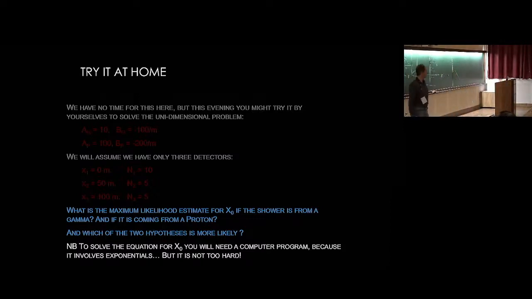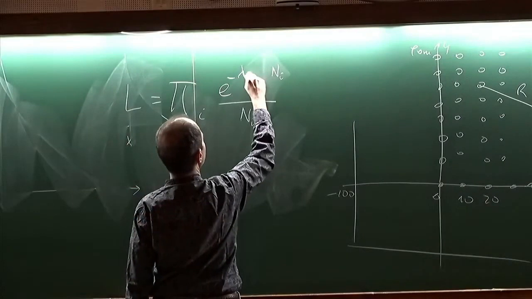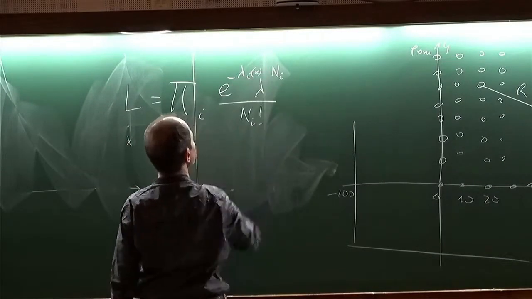First of all, we need to write the likelihood as a function of x, right? So we said that the likelihood is a product of Poisson terms, with n_i's and lambda_i's that depend on x.